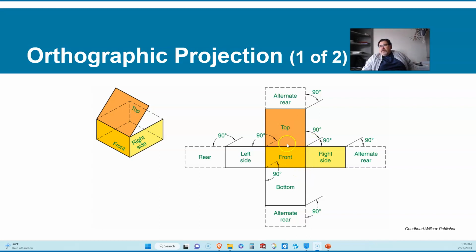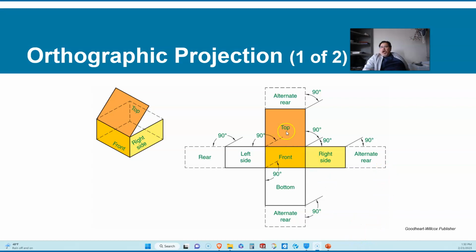Now when you're looking at the front, you got the top and the bottom. You also have the alternate rear. So the rear could be connected to the sides, or the rear could be connected to the top. Again, this is where they would project to. So if it was all cut out of one sheet of paper, there's only going to be one rear. And it's either going to be this one, this one, this one, or that one.